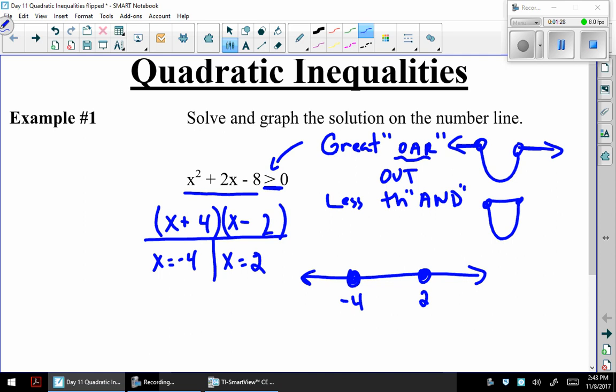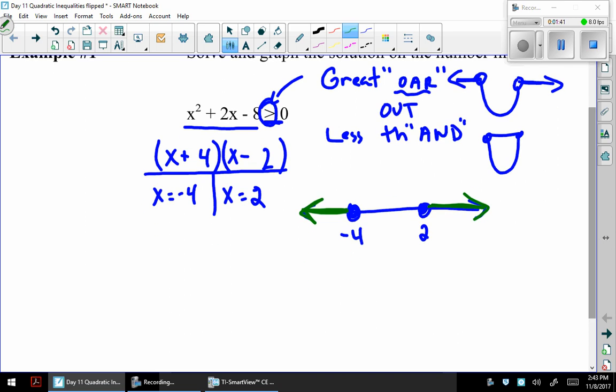So, greater-or, going back to here, greater-or out. Change colors. So all of these answers are going to work. If we want to write it in interval notation, I'm going to go negative infinity to negative 4, bracket, parenthesis, or 2, bracket, infinity.